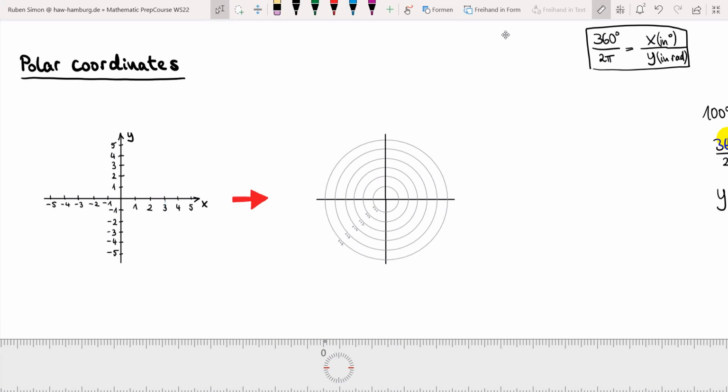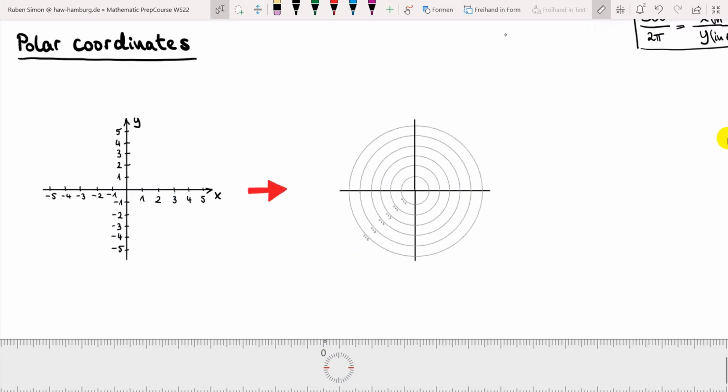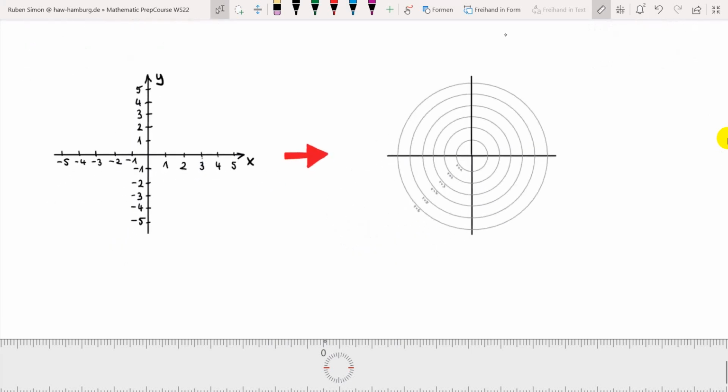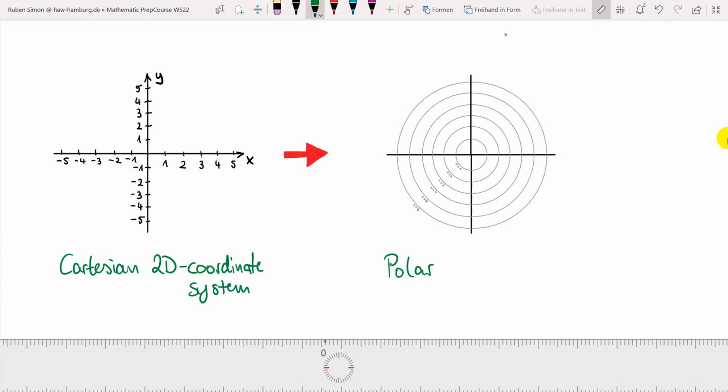With our Cartesian coordinate system, the so-called Cartesian 2D coordinate system, and now this will be our new coordinate system, the polar coordinate system.